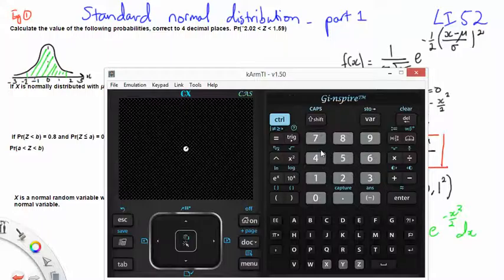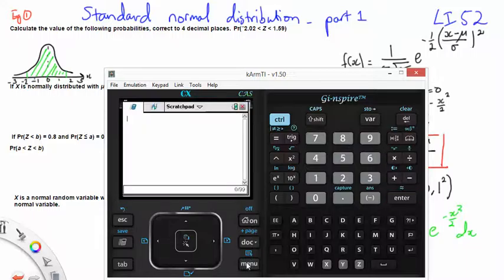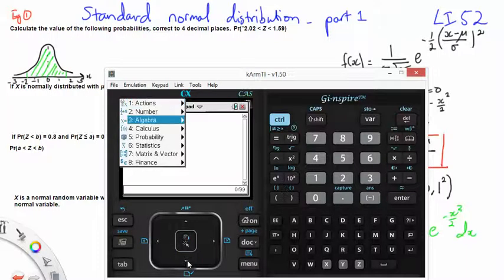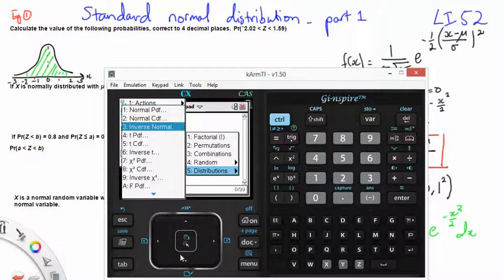Okay, calculate. So pop over to menu. This is probability. Go down to your distributions, and we are looking for the normal cumulative distribution function.